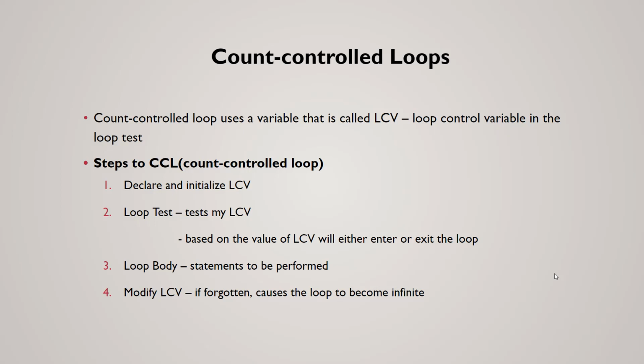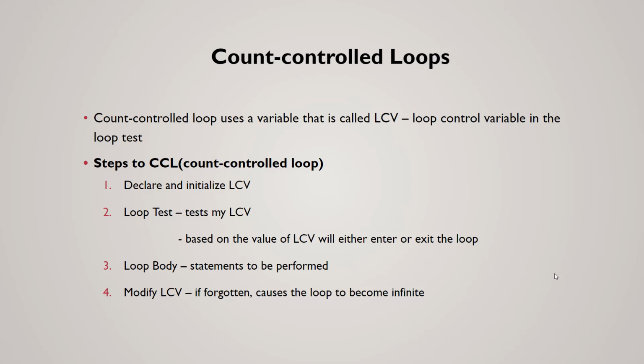Now, the loop body is the statements that will be executed within the loop. This is the work that we want to do, and the reason the loop exists, basically, is for the loop body.